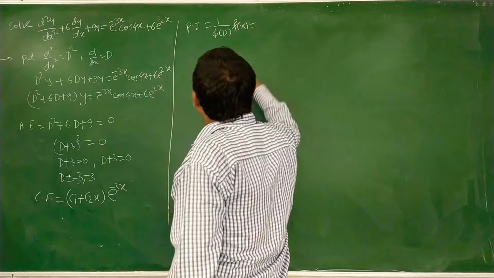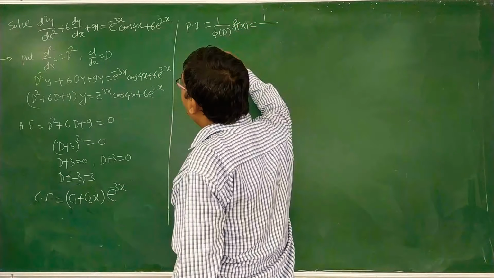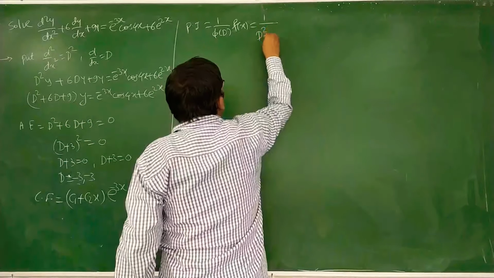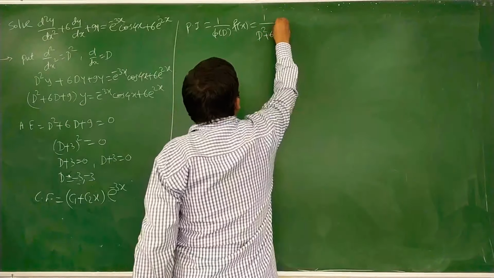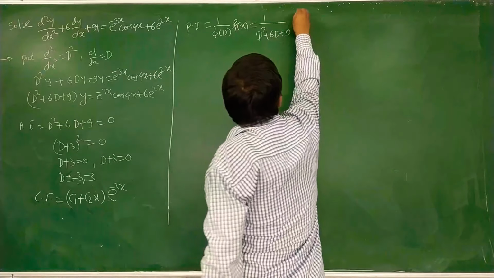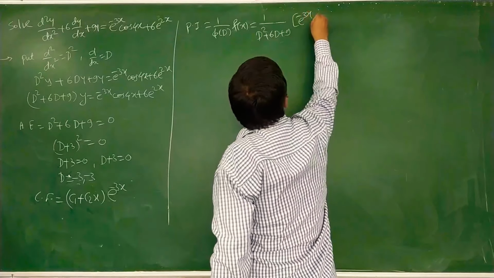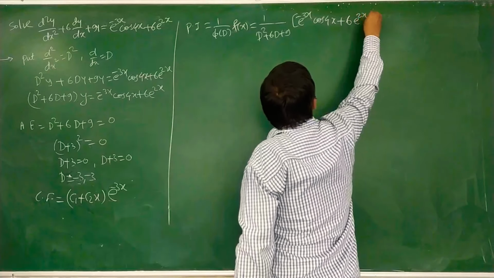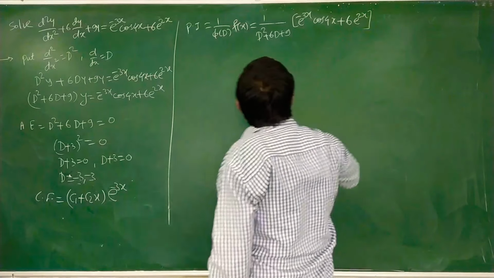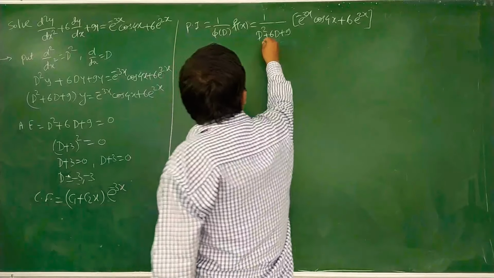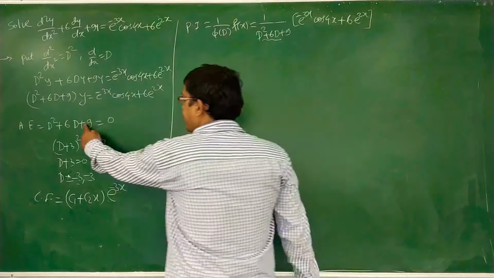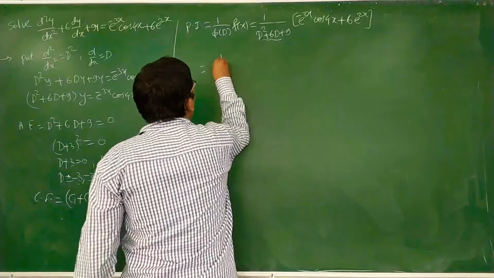This is equal to 1 upon phi of D, which is D² + 6D + 9, into f of x, which is e^(-3x) cos 4x + 6e^(2x). Now 1 upon D² + 6D + 9 can be written as (D + 3)².